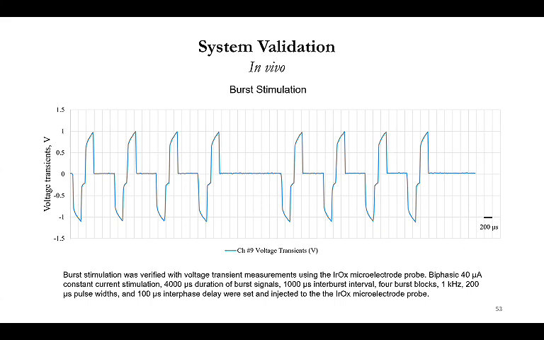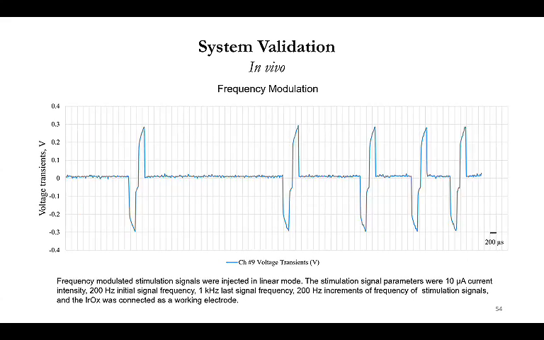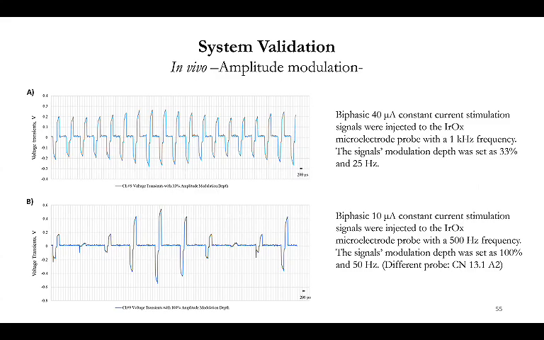And this is another validation of our stimulation signal features, which is frequency modulation. Initially, the stimulation signal frequency is low, and then in a linear mode we increase the frequency and see the response based on the adjustment on the user interface. And this is also amplitude modulation. Figure B is 100% amplitude modulation, and figure A is 33% amplitude modulation.